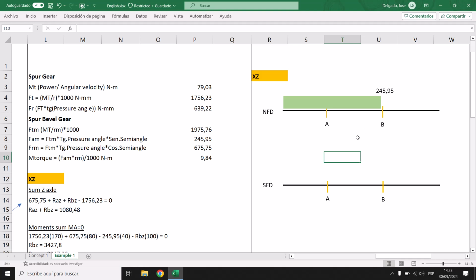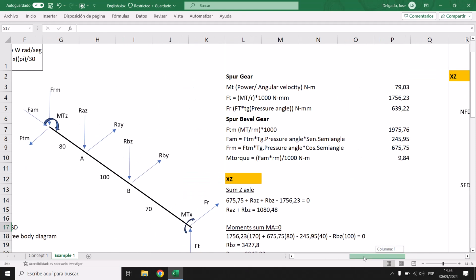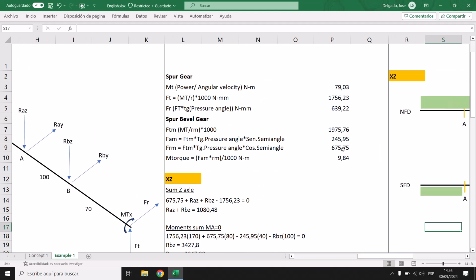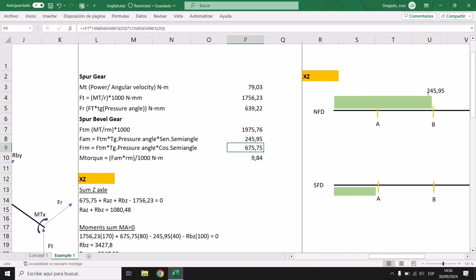Now this is going to be our shear force diagram. So if you remember, I'm going to copy this first, because maybe you don't see, but we are on the X and Z axes. So the first that we have here is going to be a radial force of the bevel, and this is 675.75, or with a minus, maybe by the direction, but I'm going to put it as minus 675.75.